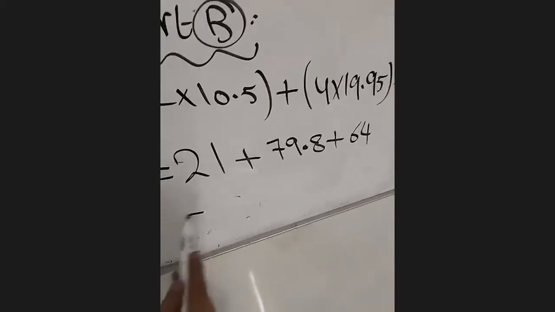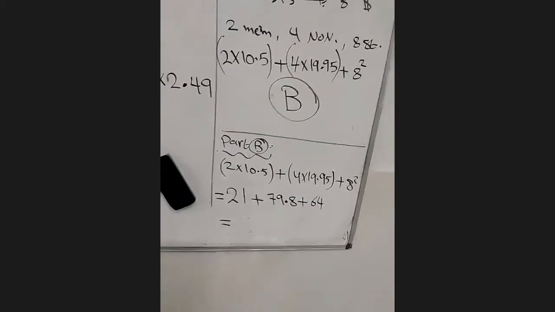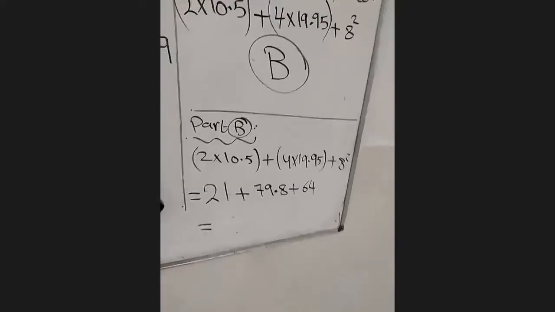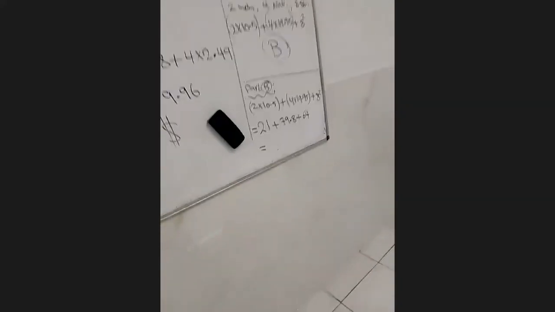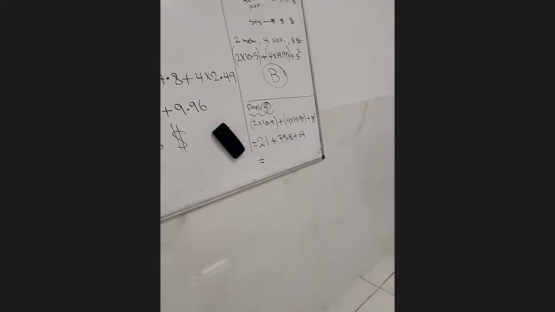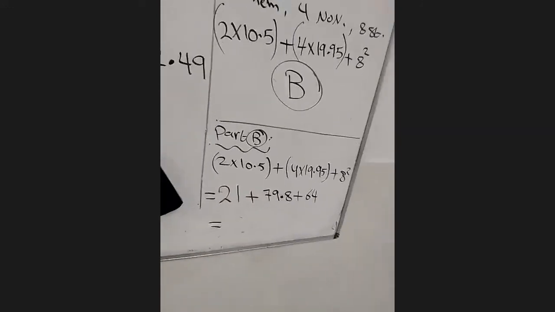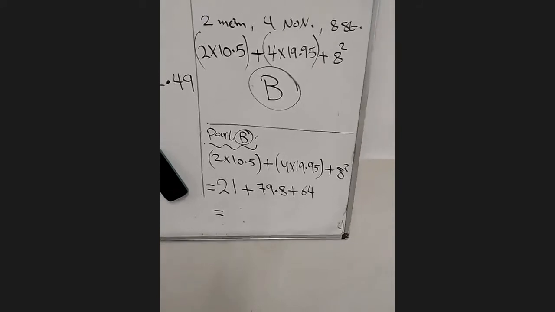Now let's add these three numbers together to find the answer. 21 plus 79.8 plus 64.